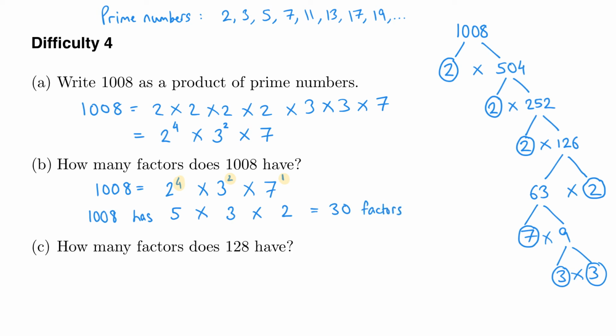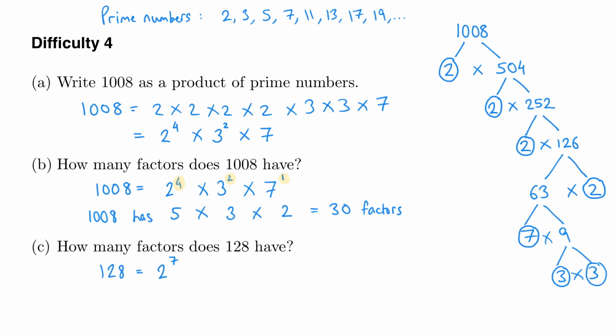I haven't explained why that's the case in this video. This is just showing you the method to answer this type of question. The last question is very similar. What you have to do first is decompose 128 into a product of prime numbers, and you will find that 128 is actually 2 to the power of 7.